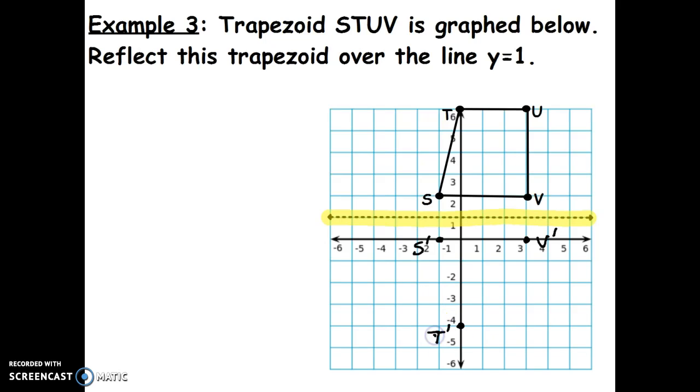This is T prime. And then U is 1, 2, 3, 4, 5 spaces away. This is U prime. All right, so go ahead and connect those. And this is your reflection across y = 1.